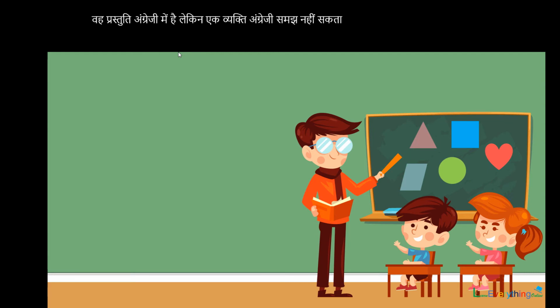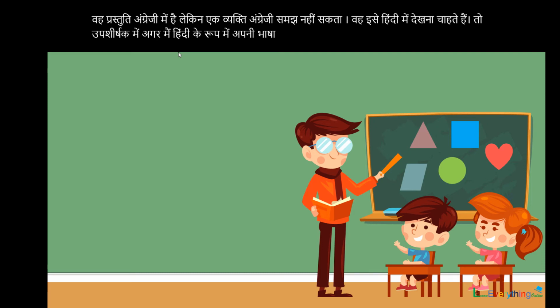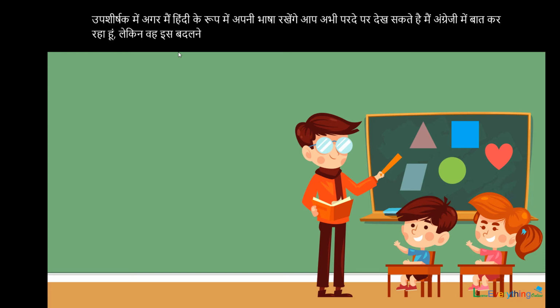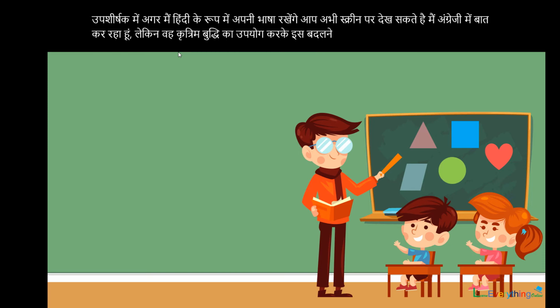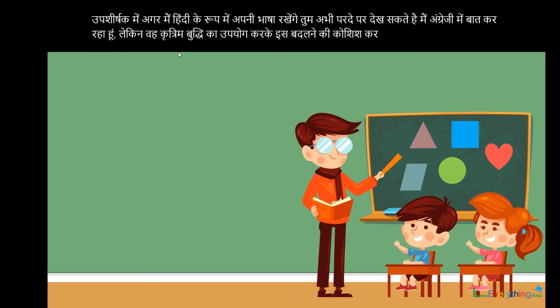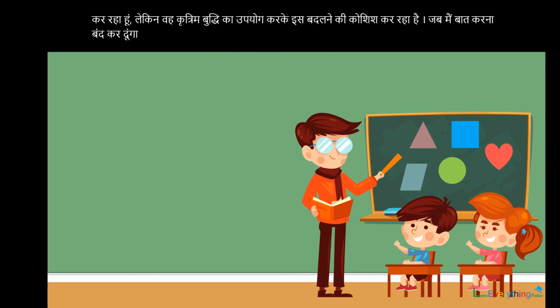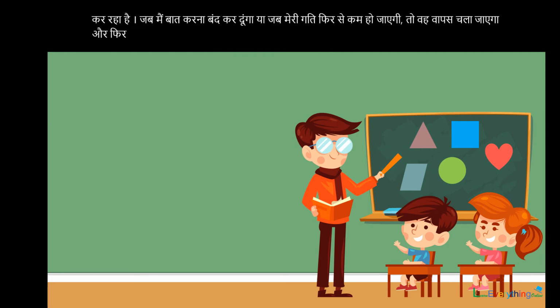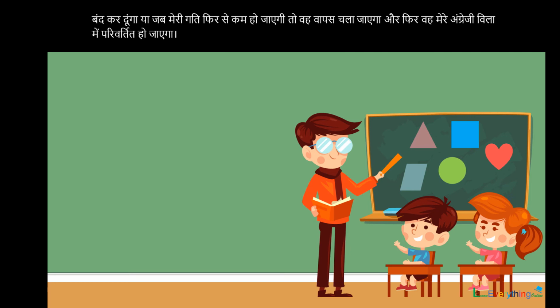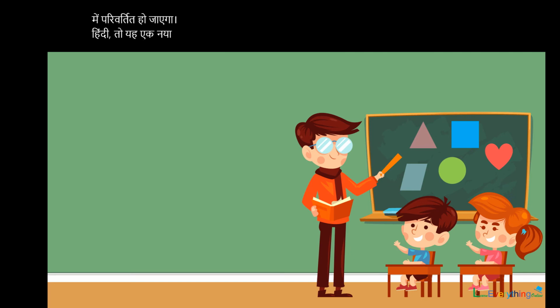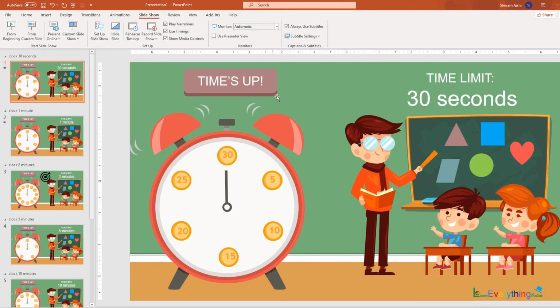So in subtitle, if I keep my language as Hindi, you can see right now on screen I'm talking in English, but it is trying to convert this by using artificial intelligence. When I stop talking or when my speed is low, again it will go back and again it will convert my English line into Hindi. So this is one new option, very much useful for all people who cannot understand English.